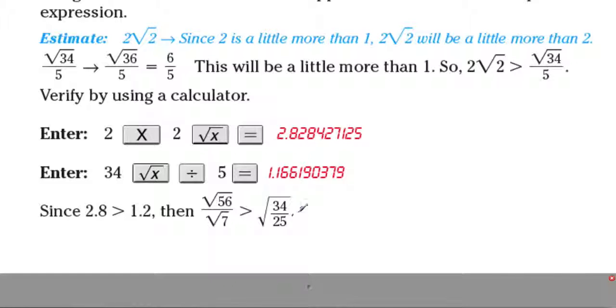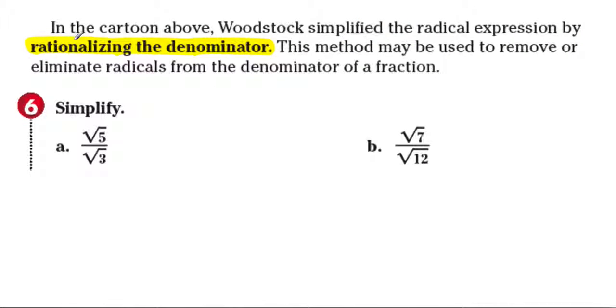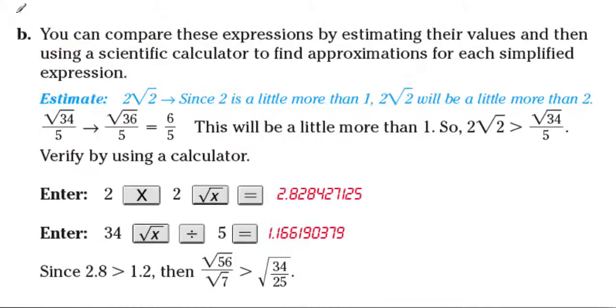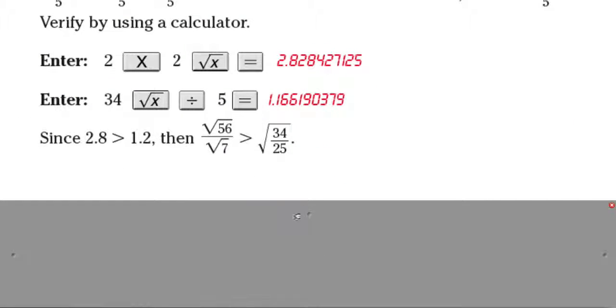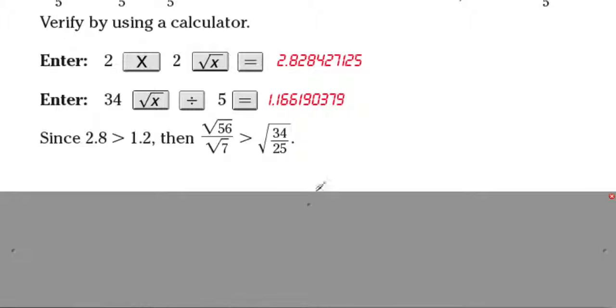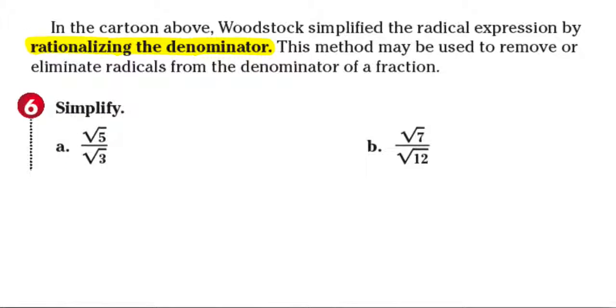Okay, and let's talk about rationalizing denominators for radicals. So if you look at your book, there's a cartoon, and if you open it to page 722, it says there, you're lucky.